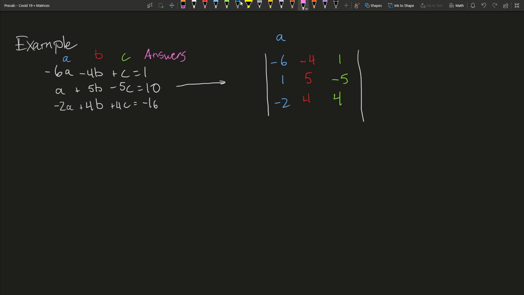Okay, the first thing we need to do, or the second thing we need to do, is take the determinant of this matrix. And we do that again by copying down the first 2 columns and then doing what we did on the homework, all right?